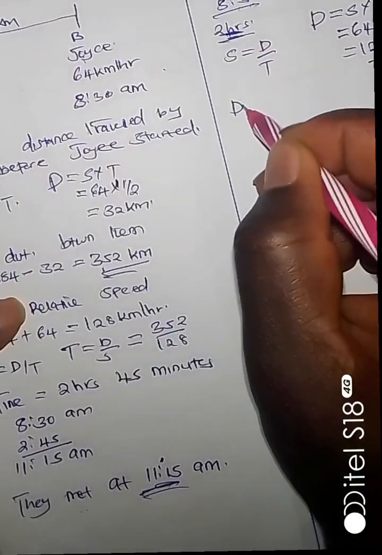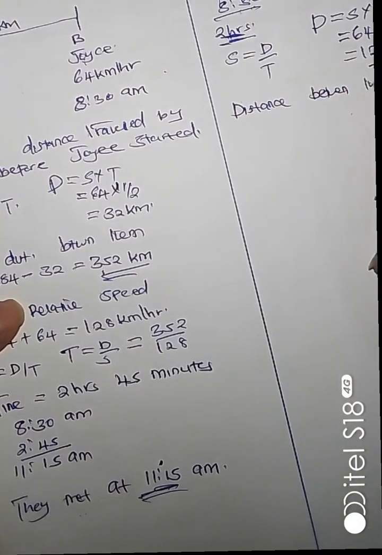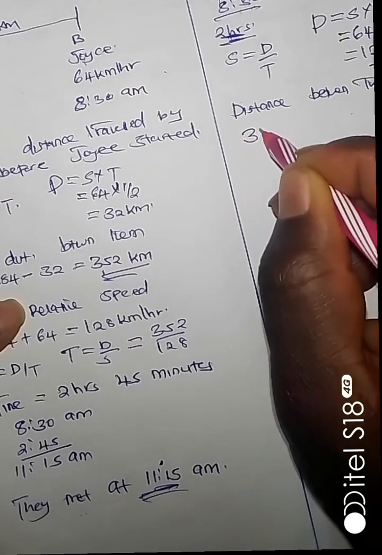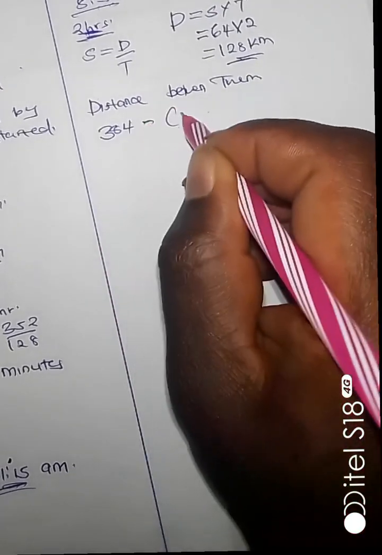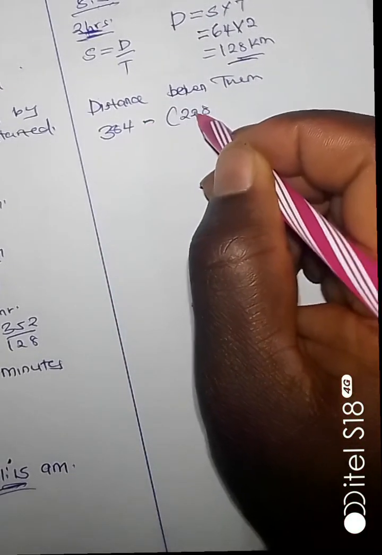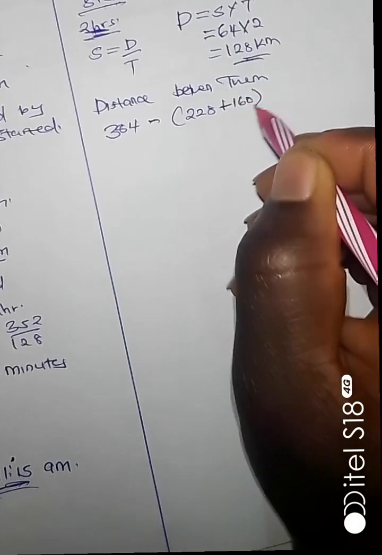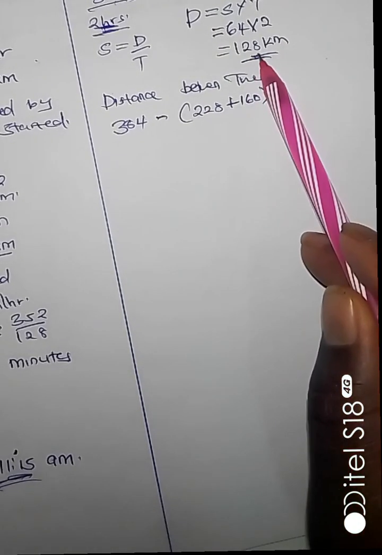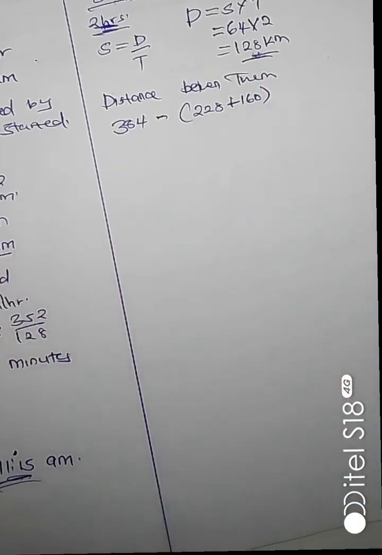I can come here and say the distance between them is 384 minus the distances traveled. Since we had found the distance traveled by Joyce, and the distance by Helena, it was 128 plus 160.